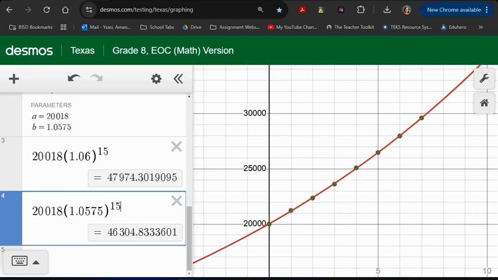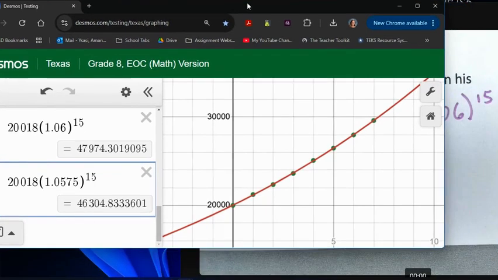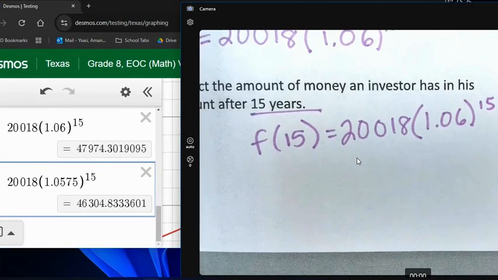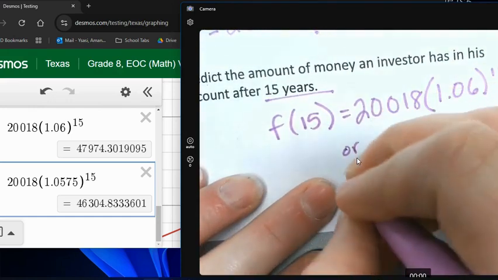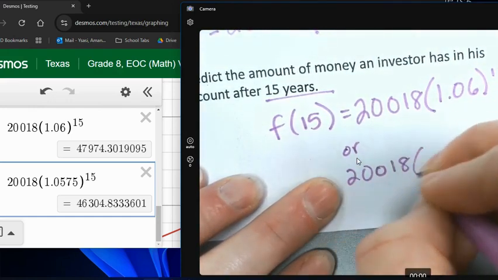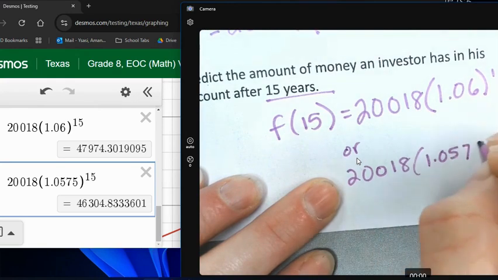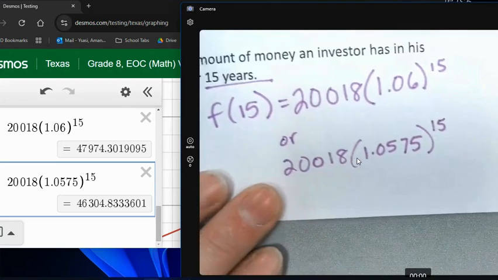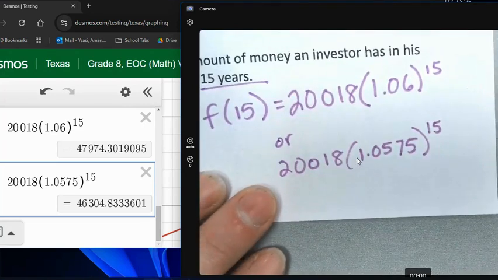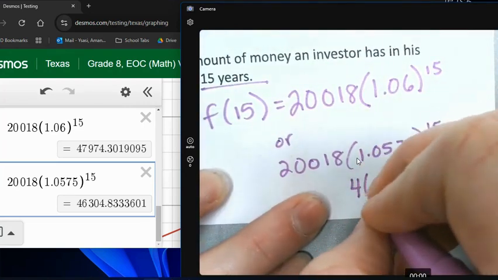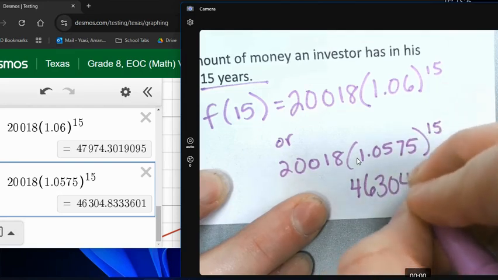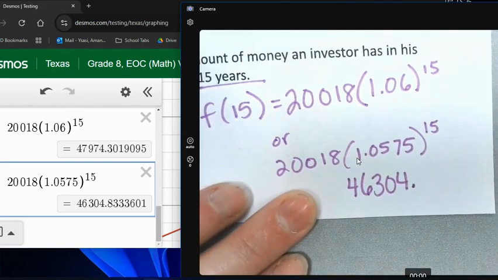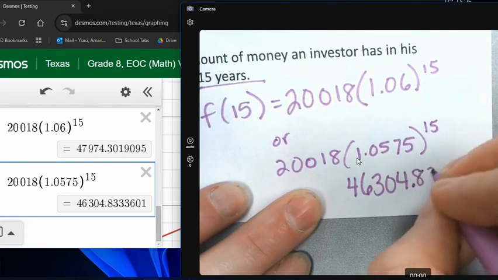So I'm going to do this: 20,018 times 1.0575 to the 15. This is more of the exact amount. If we're talking about money, we want 2 decimal places. So we're going to go 83.